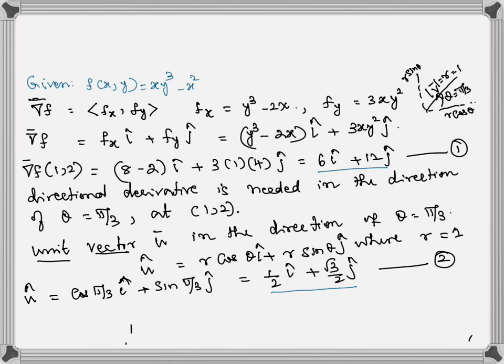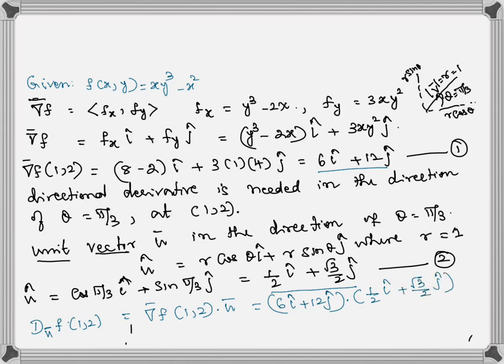So all we need to do is get the dot product of these two to get the directional derivative in the direction given by the angle theta equal to pi by 3. So D u f at (1, 2) is del f at (1, 2) dot the unit vector u, which is 6i plus 12j dotted with 1 half i plus root 3 over 2 j. For the dot product, you multiply the corresponding components and add.